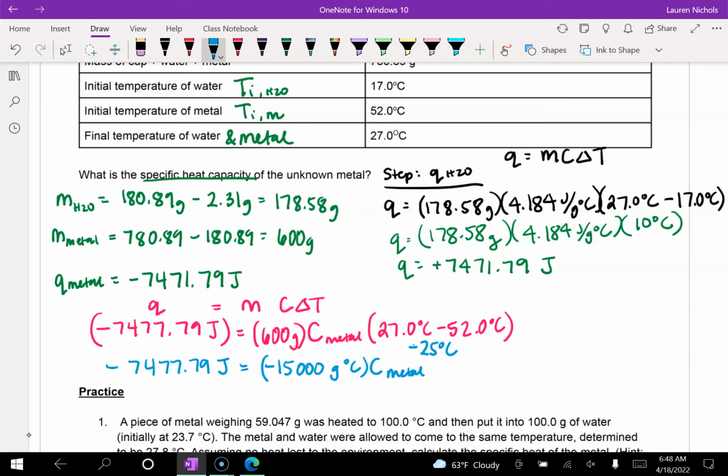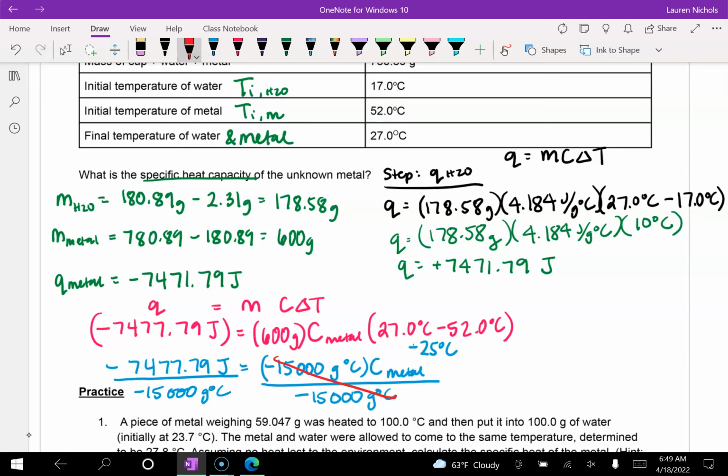That is equal to negative 7,477.79 joules. We do the opposite of the math, so we divide by negative 15,000 grams degrees Celsius in order to get the specific heat of our metal by itself.